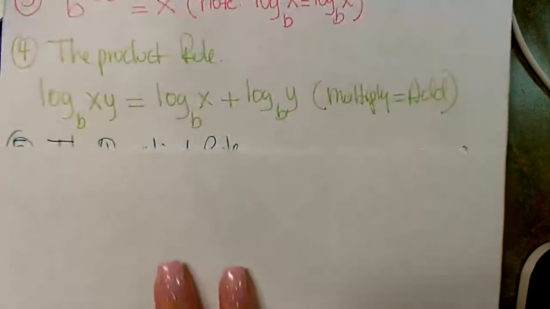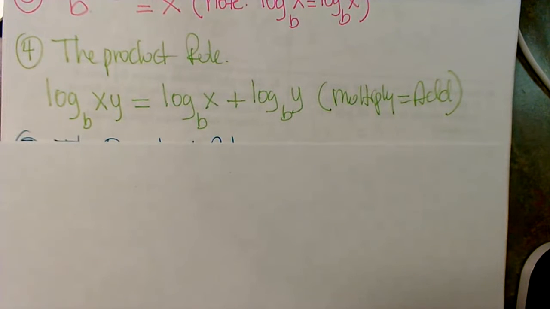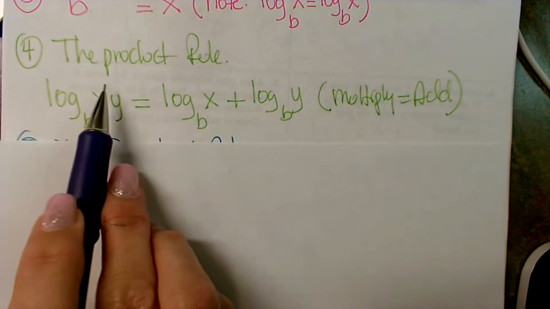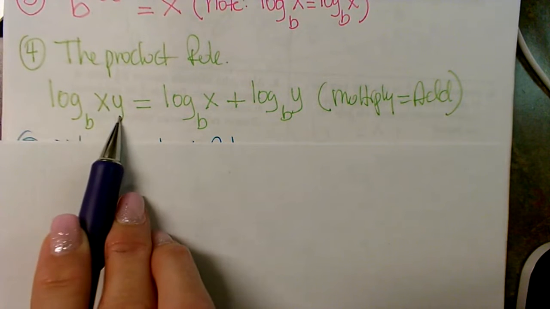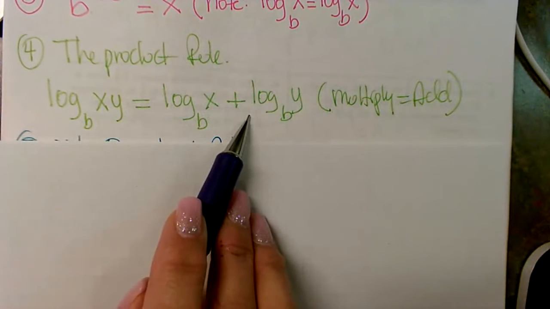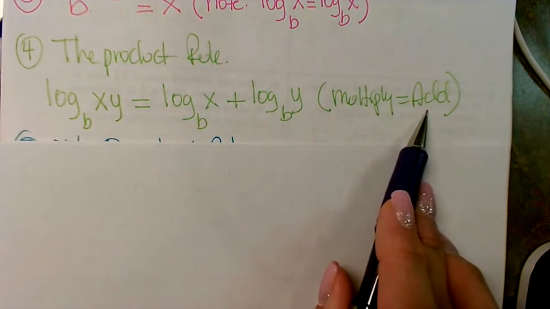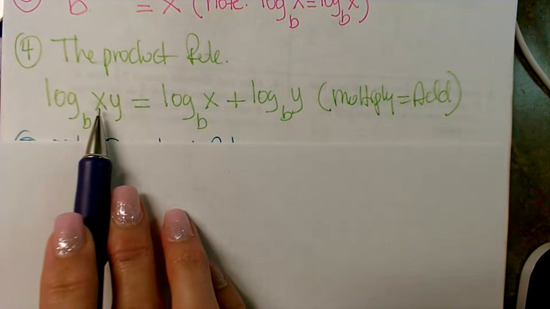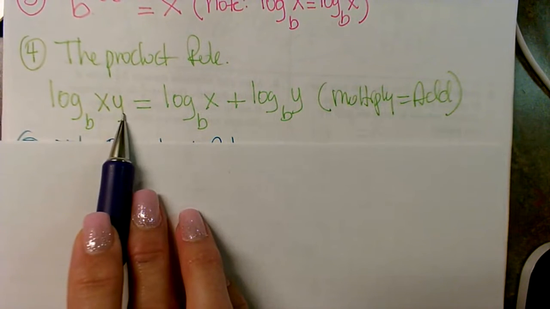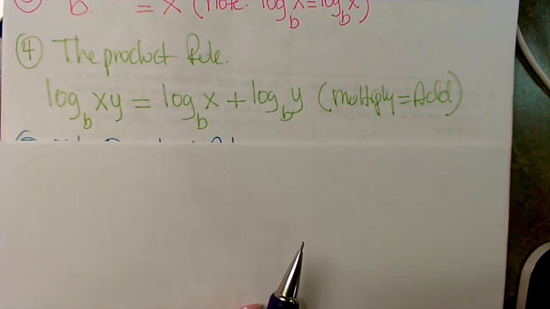Now, here comes the product rule. They do have a rule, which is if we have a log base b of x times y, it becomes addition. Multiplication is equal to addition. So we're adding the log base b of x and the log base b of y.